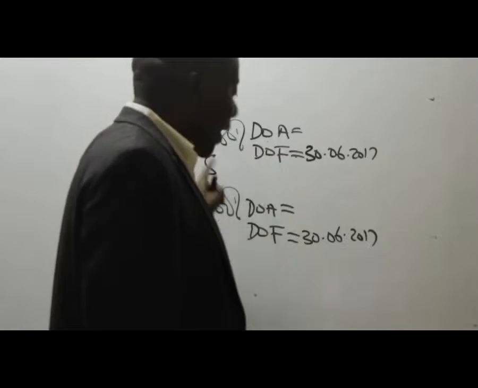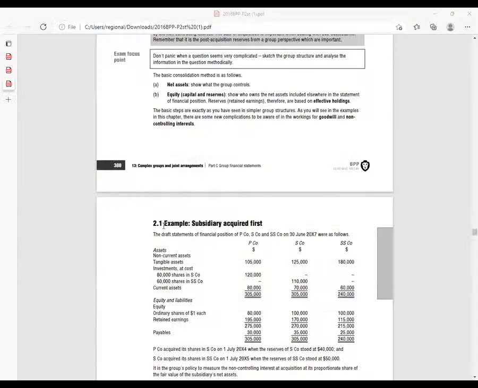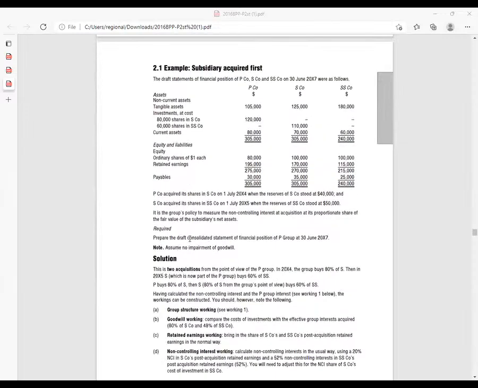When did P acquire S? We are told here that P company acquired its shares in S company on 1st July 2014, and then S acquired SS on 1st July 2015.